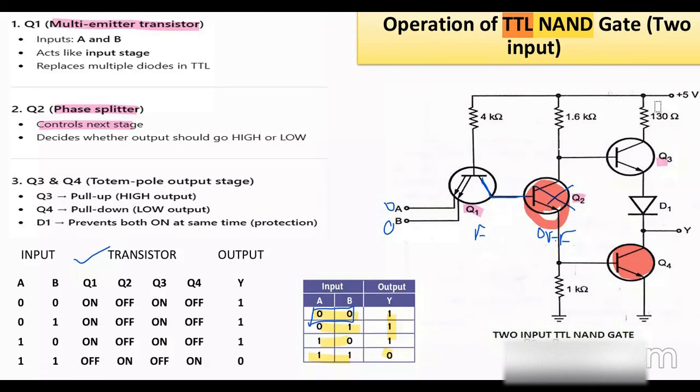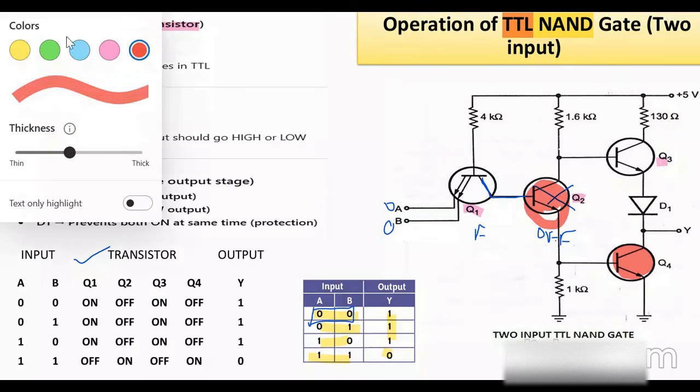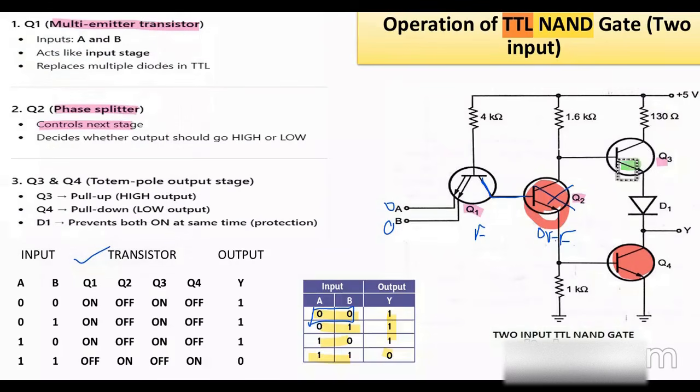And because of this, the sufficient base current will get to Q3, so that Q3 is in the on condition. Q1 is also in the on condition, and the current is flowing through this 5 ohm.